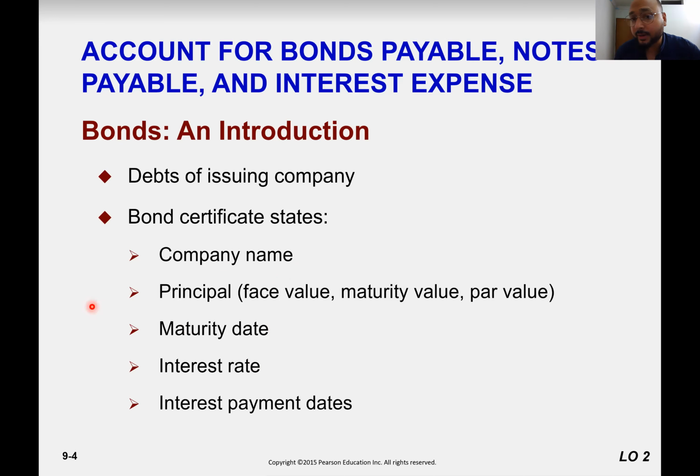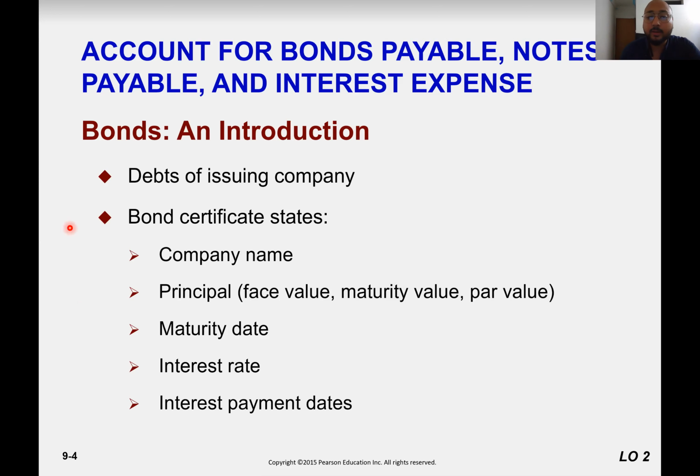A bond is a piece of paper on which the company name is written, and its principal value is written: the face value, the future value of this bond, whatever the holder of this certificate will receive. Then the maturity date, after which time we will be able to get our money back.